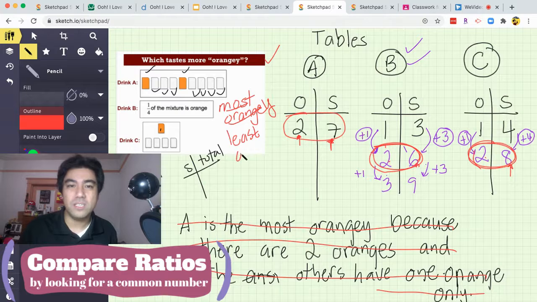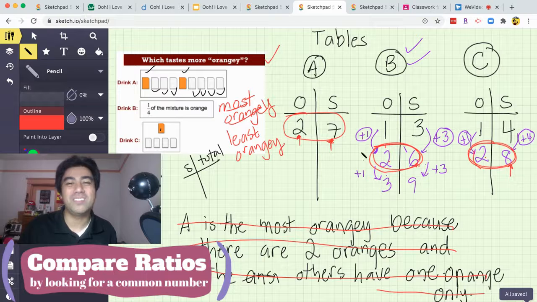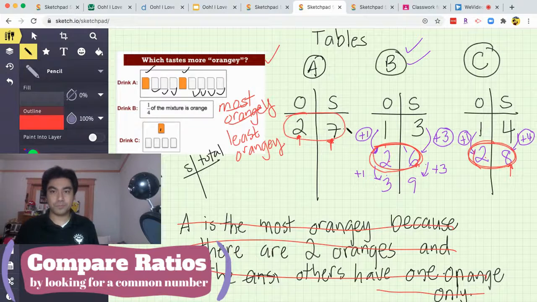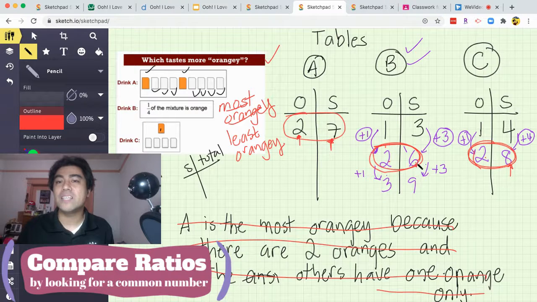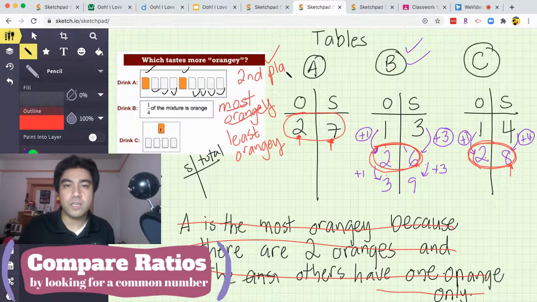So drink C is the least orangey. I hope that is making sense, okay? And this one has a 7, which is in the middle of 6 and 8. So this becomes our second place. It's in the middle, okay?